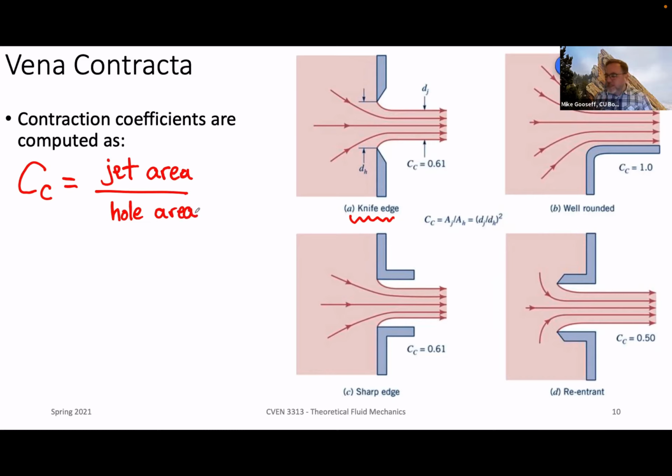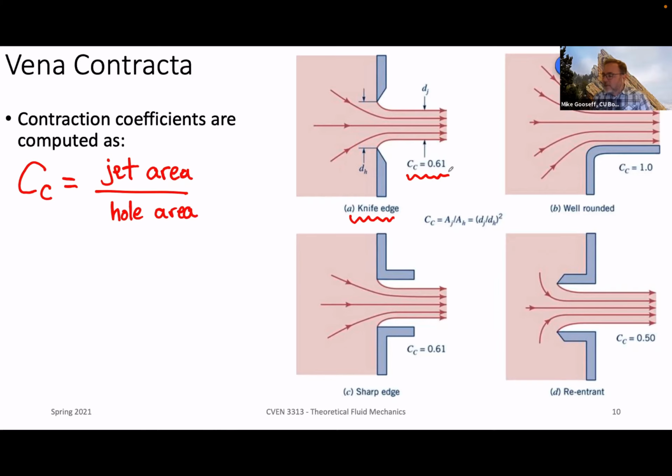So what we're saying with this knife edge is that the contraction coefficient is 0.61. You have 61% of your whole area as your jet. So if you try to control the size of this for a particular flow rate, knowing approximately what velocity you'd get out of it, you're missing 39%. That's a pretty big number, right? That's a big difference in what you might be expecting compared to what you're getting.